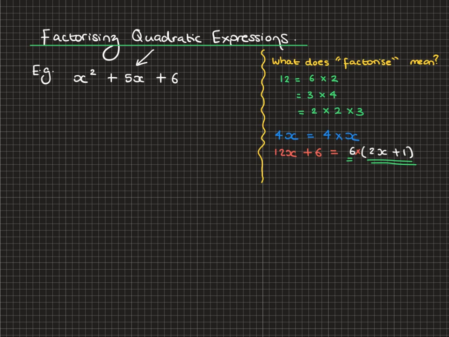And that is what factorization means. It doesn't mean put a bracket into something. Quite often brackets are involved in the factorization process, but what it truly means is find the factors of your original expression. So now, let's go back to our quadratic expression, x squared plus 5x plus 6.